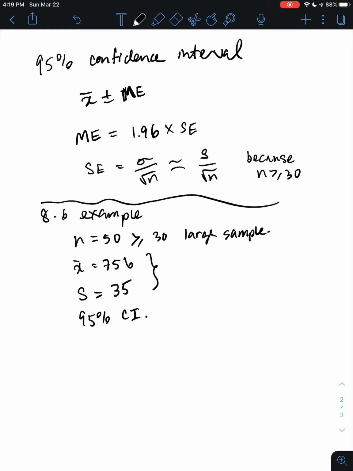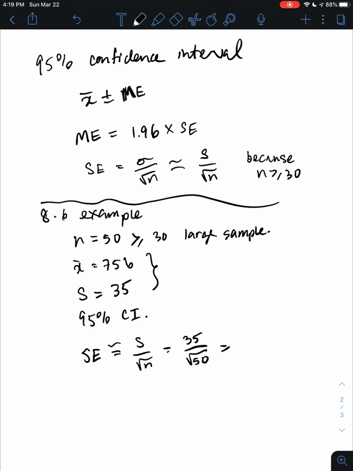So what are we going to do with this? We're going to tackle it in stages. I am going to first find the SE. The formula for that is very simple. It is approximately equal to S over the square root of n. That is 35 over the square root of 50.